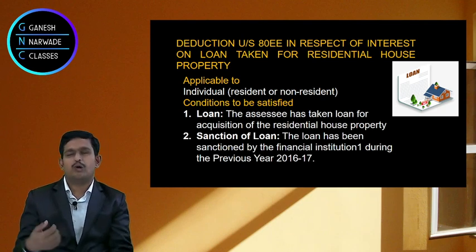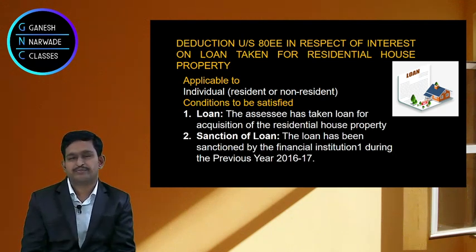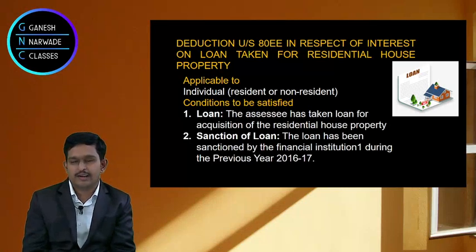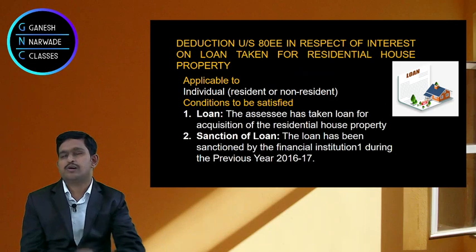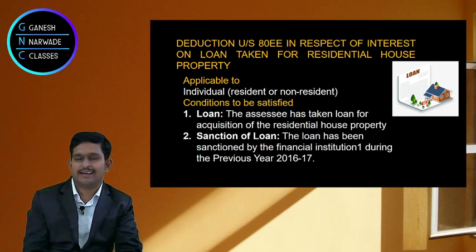Okay. So what should be the loan amount? Sir, the loan amount cannot be more than 35 lakhs. What should be the construction cost of the house? Sir, not more than 50 lakhs. Then only you will get the deduction. Okay? Again, I am repeating. Suppose I took a loan of 36 lakhs. Will I get deduction under this section?